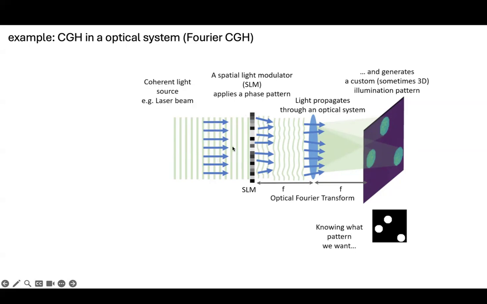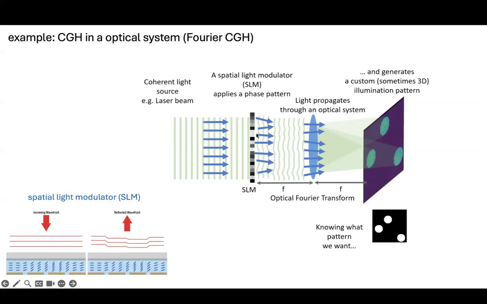So when the wavefront comes into the display, which is the SLM, the spatial light modulator, it's a modulator that can shape your wavefront based on different phase patterns that you program into it.